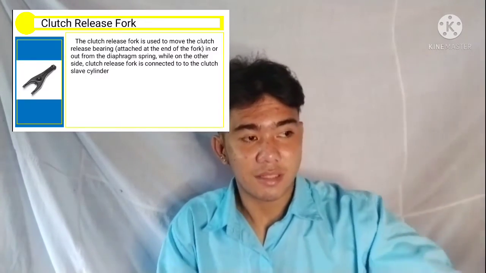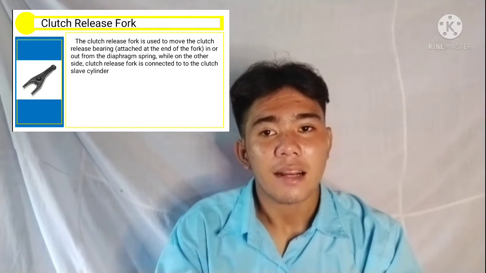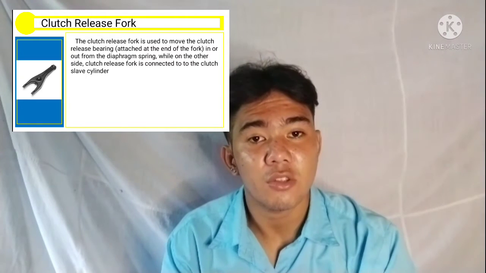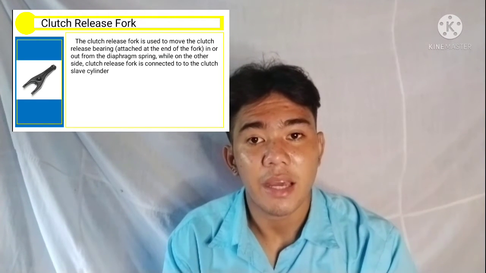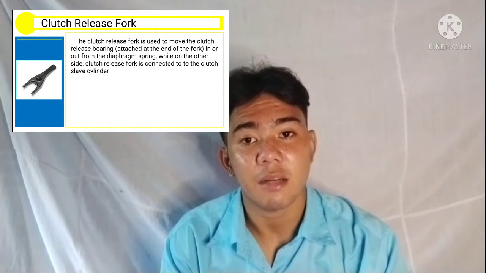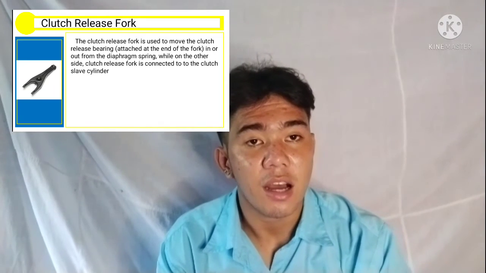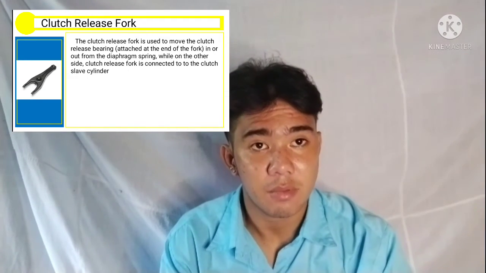The next part is the clutch release fork. Okay, mister, can you read? Okay, thank you. The clutch release fork is used to move the clutch release bearing attached at the end of the fork in or out from the diaphragm spring. On the other side, the clutch release fork is connected to the clutch slave cylinder.